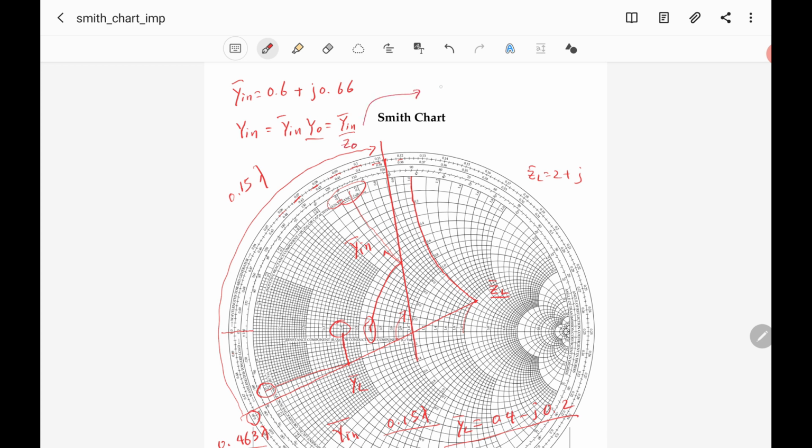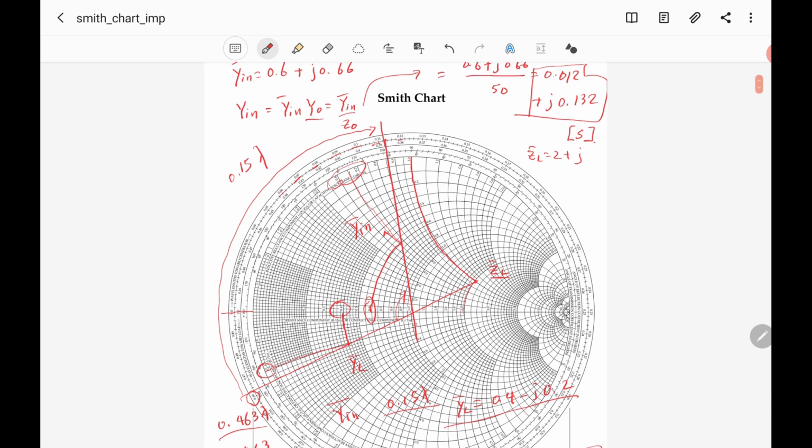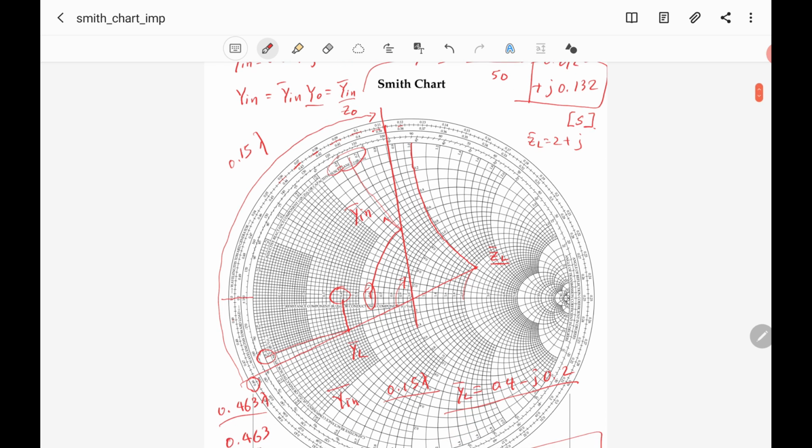So this value is 0.6 divided by 50. So this is about 0.012 plus j0.013, right? So this is Yin. And this is the YL we found from this Smith chart, right?